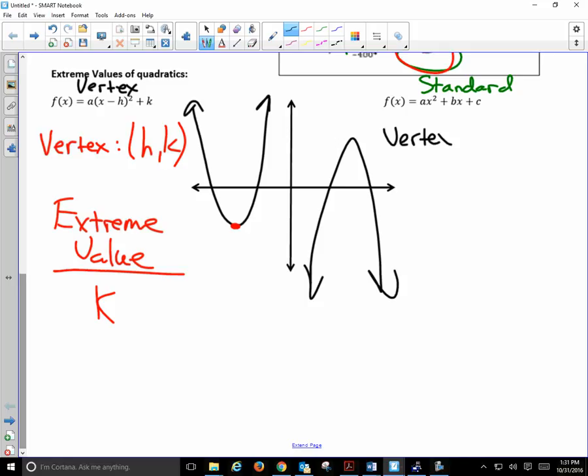Anybody remember how we find the vertex if it's in standard form? Come on, you're the best of the best. You already know it. Yes, negative b over 2a. Nice job.